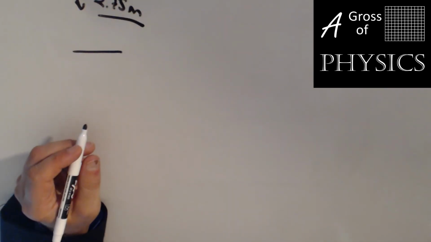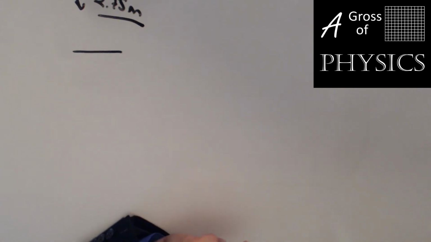For this next problem, we're going to take a marble and we're going to drop it from the ceiling of my classroom. Now the distance between the ceiling and the ground is 2.75 meters.